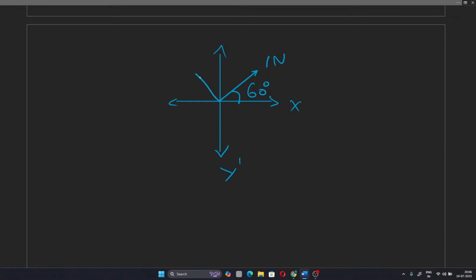One more is acting this way, 30 degrees, and this is a 4 Newton force, and one is acting this way. The angle here is also 30 degrees. This one is 2 Newton.